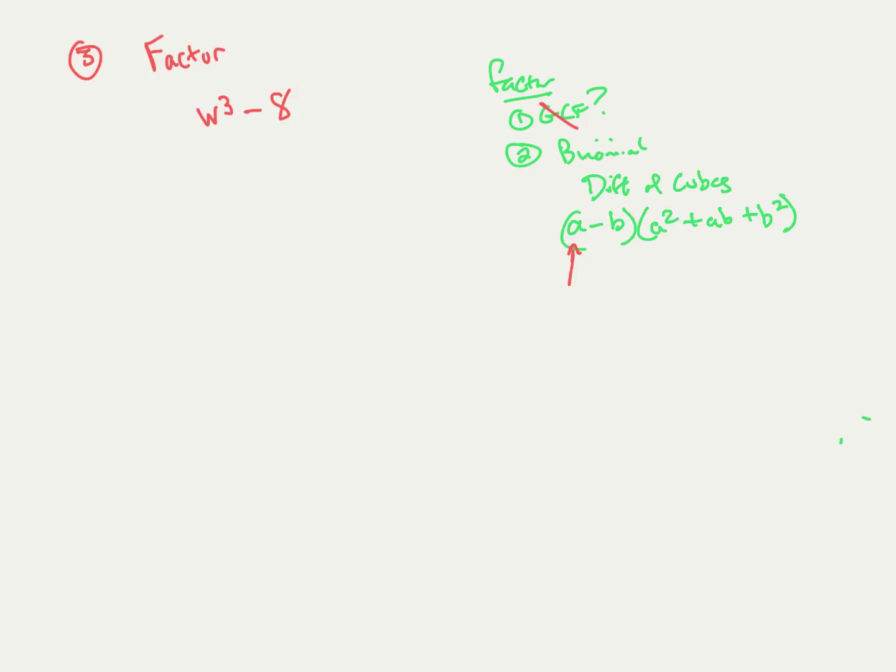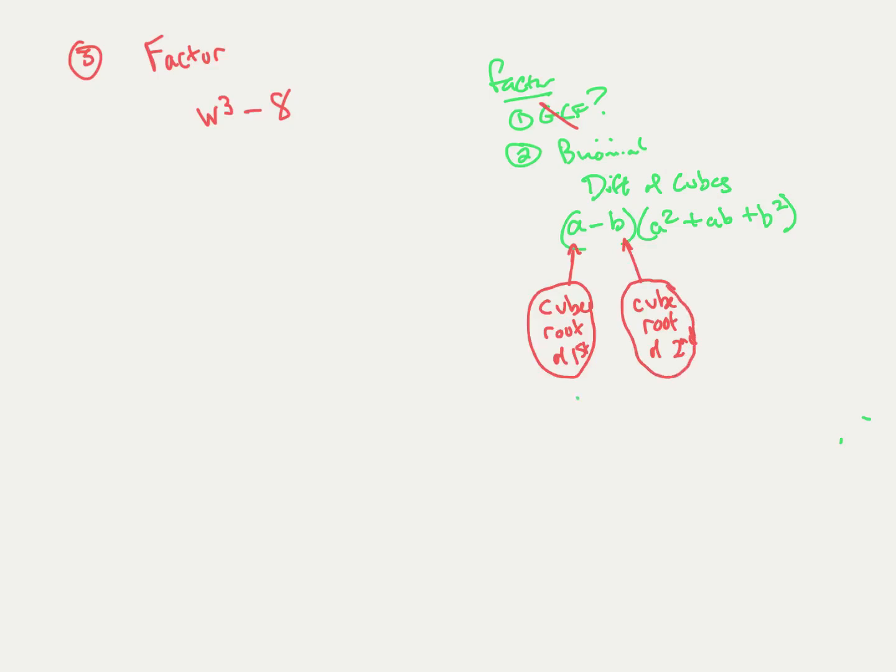With difference of cubes, a is the cube root of the first. Not going to be too complicated. The cube root of w cubed is just w. B is the cube root of the second term. So the cube root of the 8.